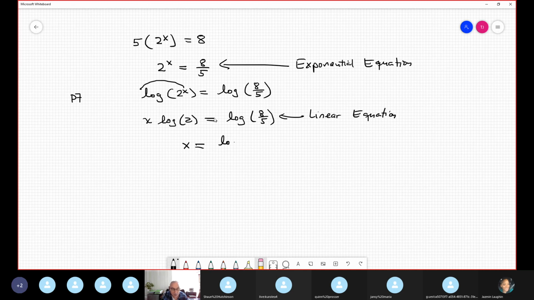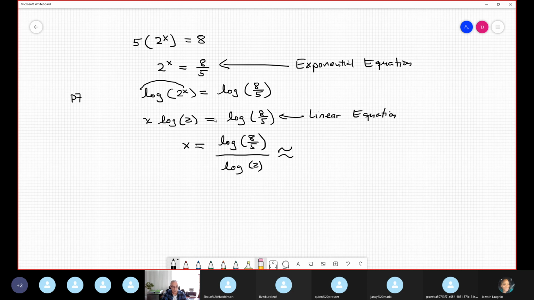So, x equals logarithm of 8 over 5 divided by logarithm of 2. And now we use a calculator to compute that and express it. Okay, let me try. Everyone working with the calculator. This is part of the game of today.